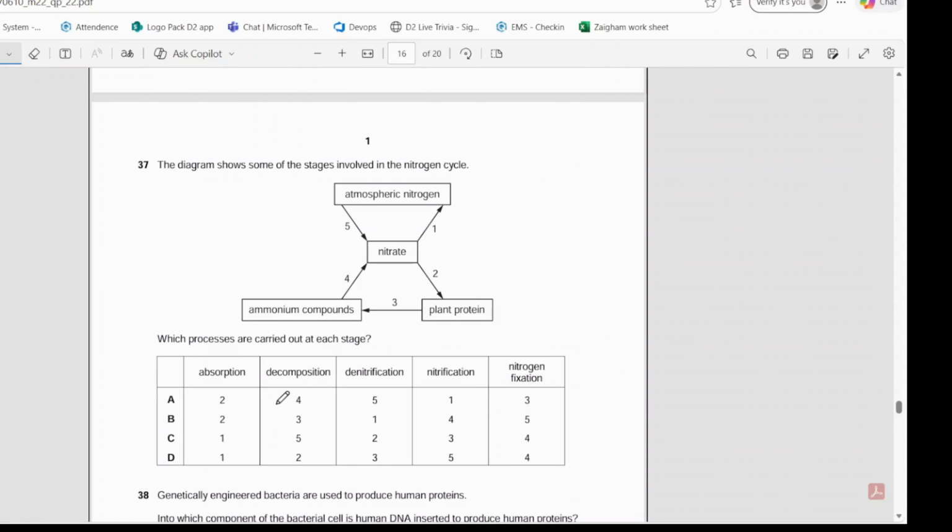No. It can be. Okay, ammonium into nitrate is nitrification. Yes. 4 is nitrification. Let's say is, oh this one. Oh, I missed the arrow. This one is nitrogen fixation.